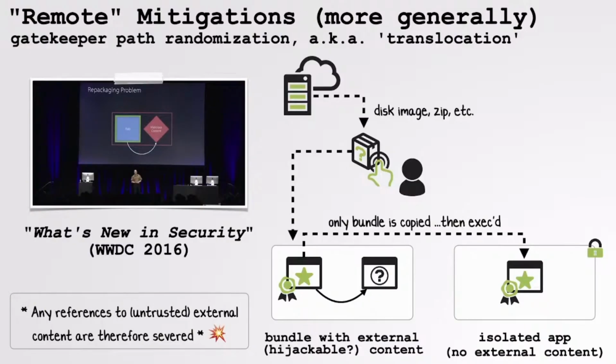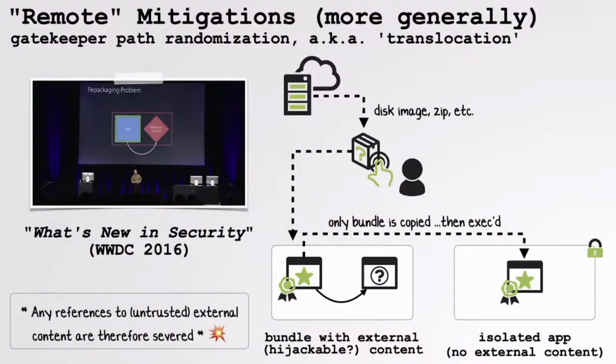So let's walk through this, and the diagram on the slide, I think, explains it well. Imagine the user downloads a disk image from the internet, or a zip file. When they go to extract it, there are a few different items on the disk image. The user's probably going to click the main application bundle, and what Apple has to do here is somehow protect the user from all of the external content on the rest of that disk image, which may not be validated.